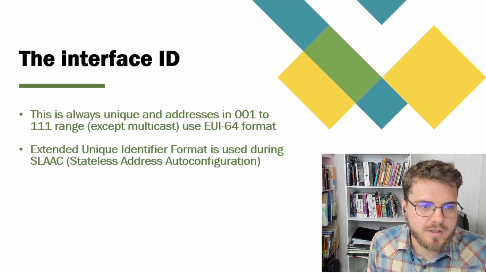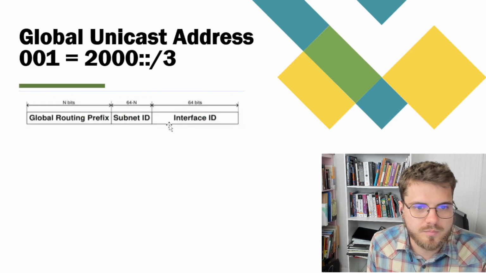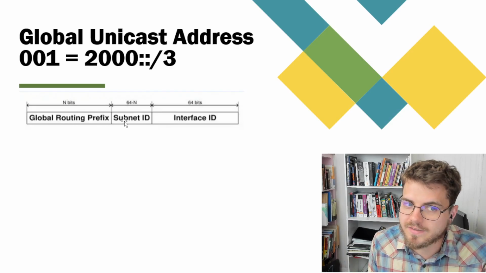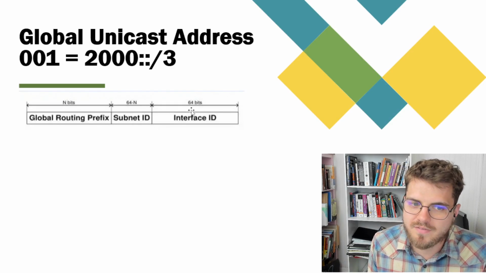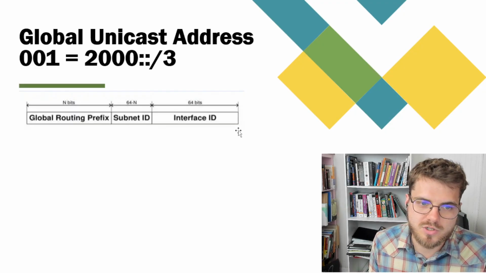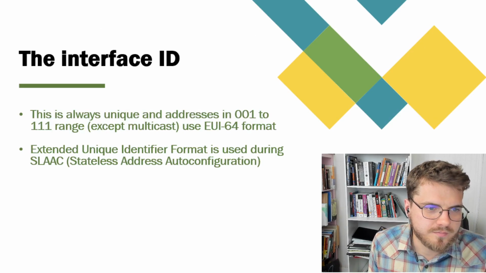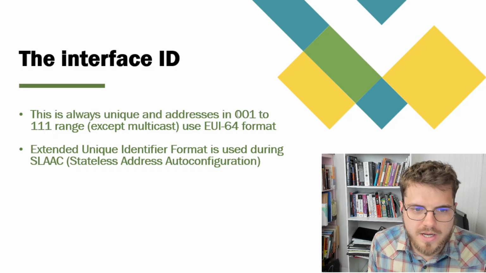Now, the interface ID, so the later part of it, so after the global routing prefix and the subnet ID, you have the interface ID, which is unique. And in this range, they use the EUI64 format.